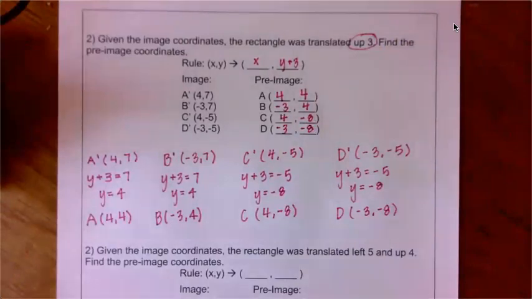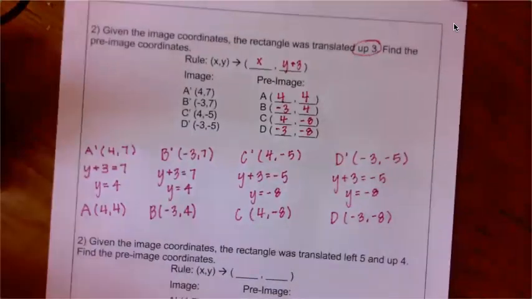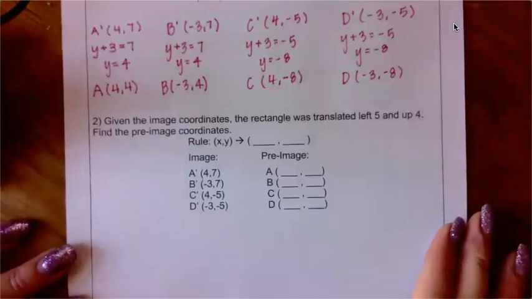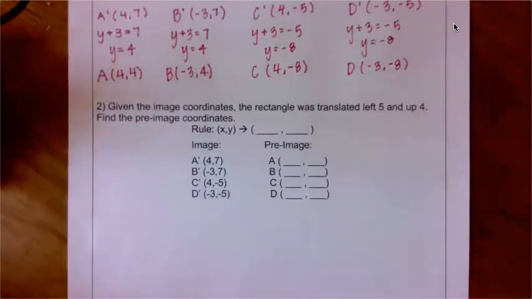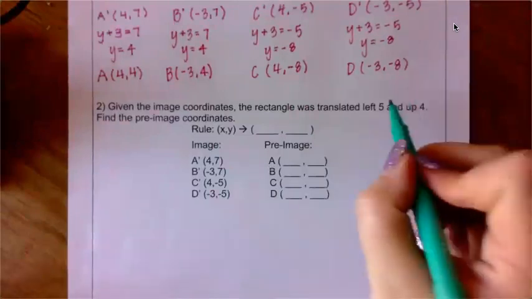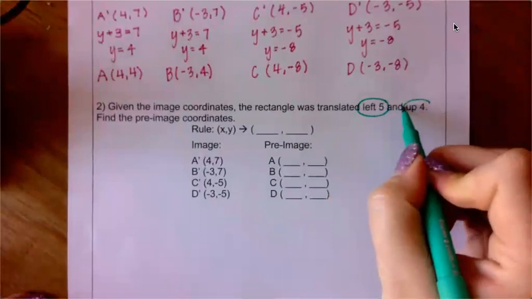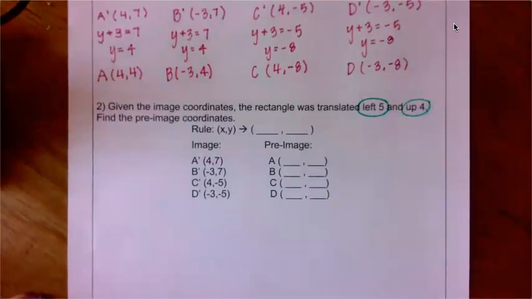So our X coordinate and our y coordinate are going to be changed. Okay, so given the image coordinate, the rectangle was translated left 5 and up 4. Find the pre-image coordinates.